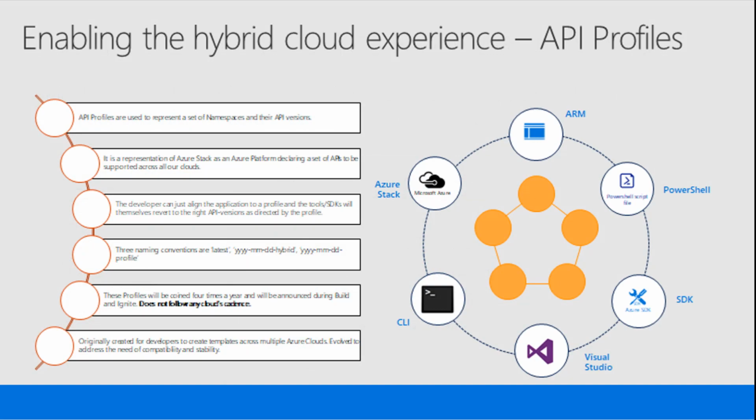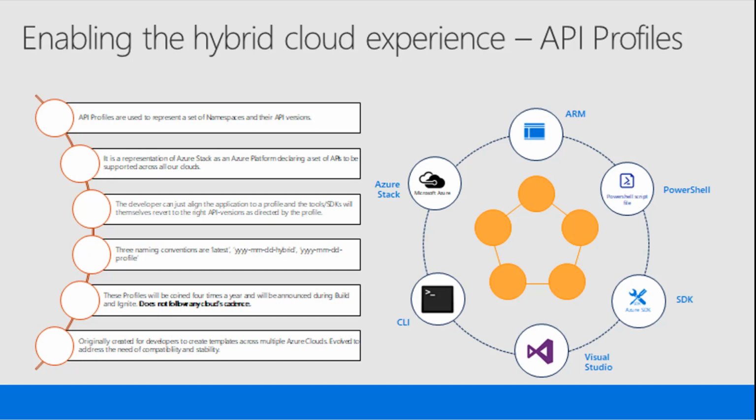So for the hybrid cloud experience, we want to leverage API profiles, which are pretty cool. This is a set of namespaces and API versions. As an example, if I was going to deploy something that had multiple subcomponents, let's just use a virtual machine, and we're going to have components as a hybrid application. Some things are going to be in Azure, some are going to be in Azure Stack.